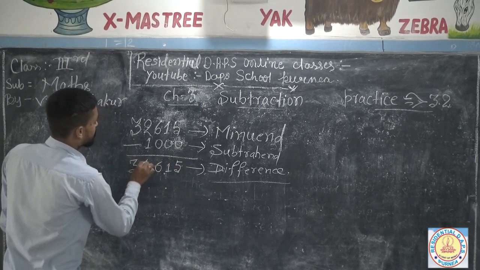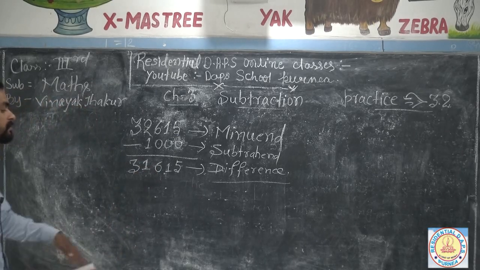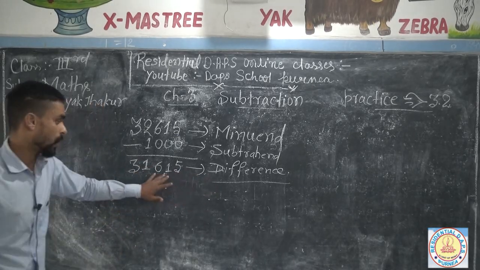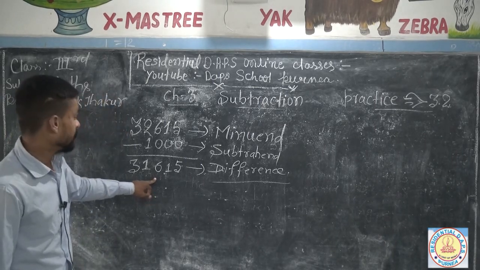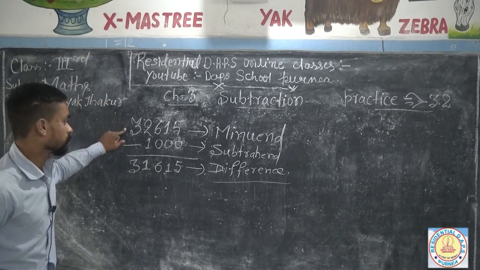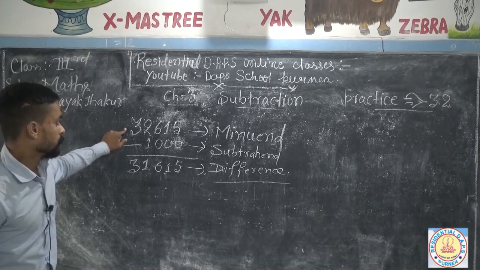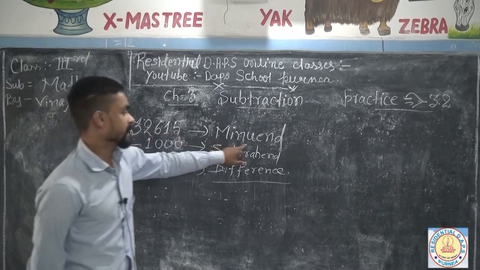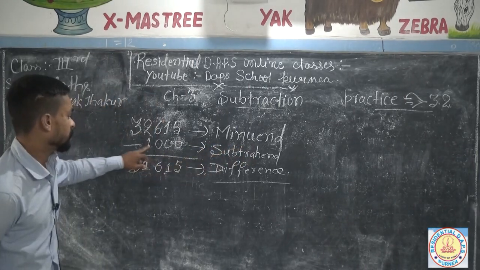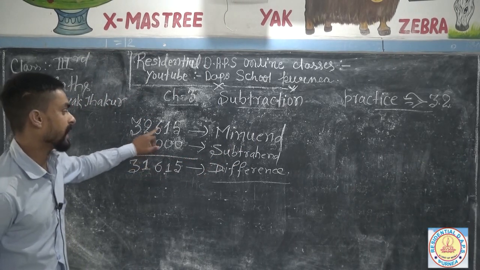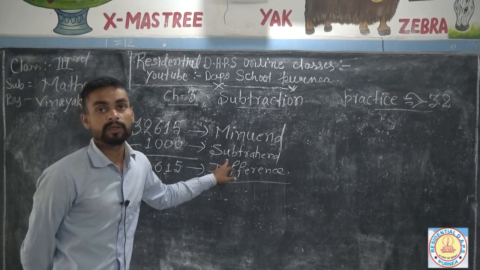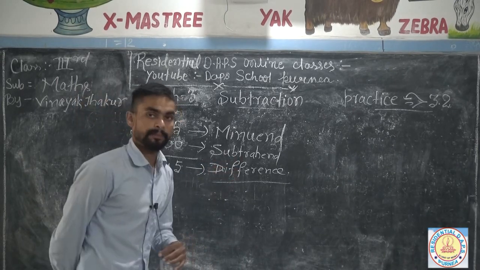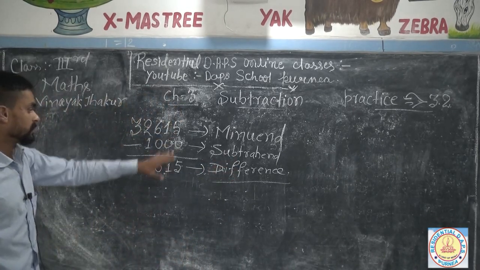So 51,613 minus 31,615 is the difference. This is always said to be the difference in subtraction, and the first number is always said to be the minuend, and the other number which is subtracted from the minuend is always said to be the subtrahend.